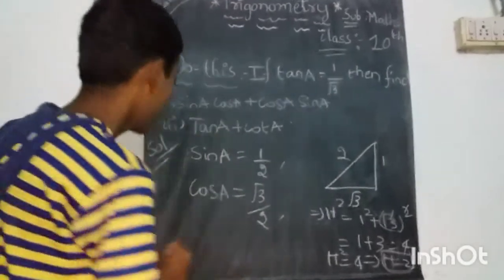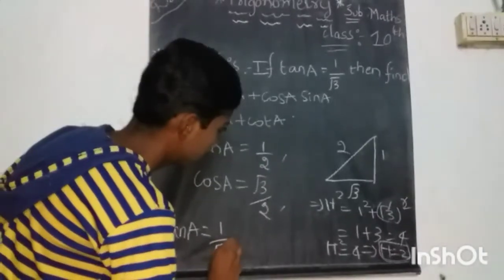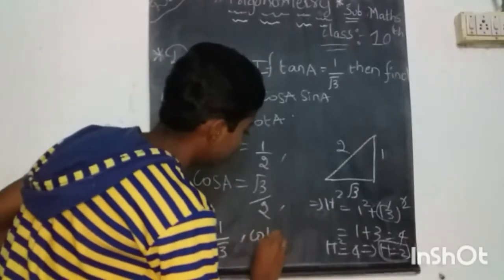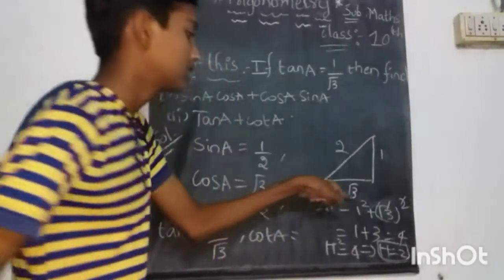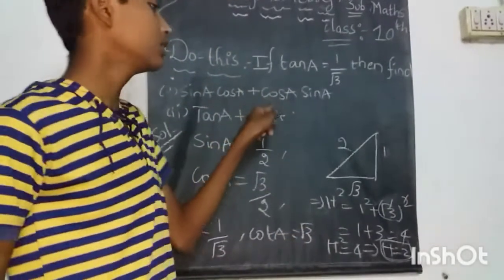And tan A is equal to opposite by adjacent, already given, 1 by root 3, and cot A is the reverse, that implies root 3 by 1, that is root 3. Let us substitute it.